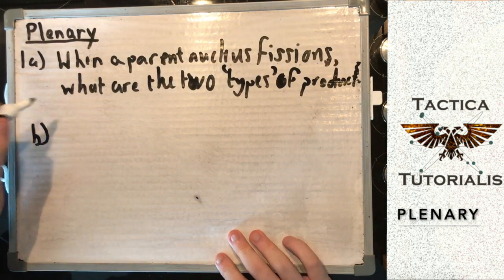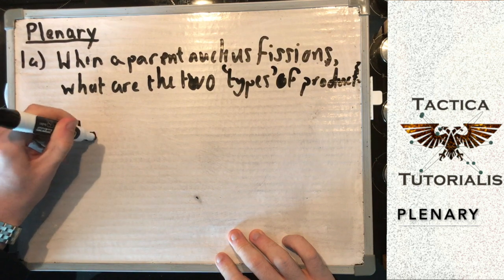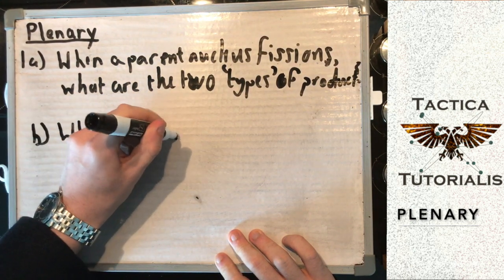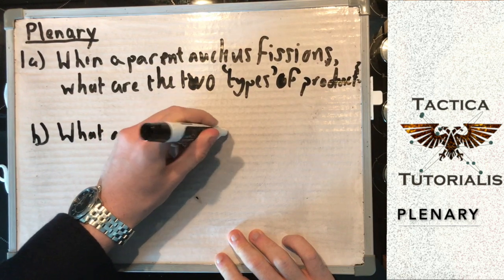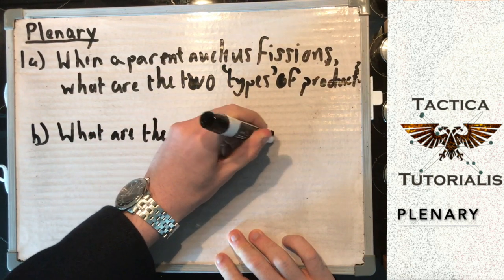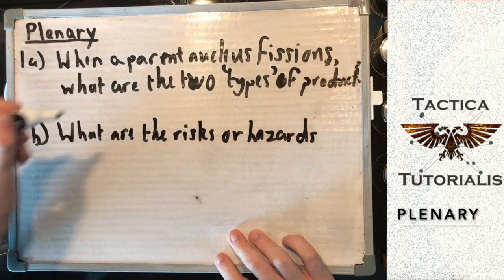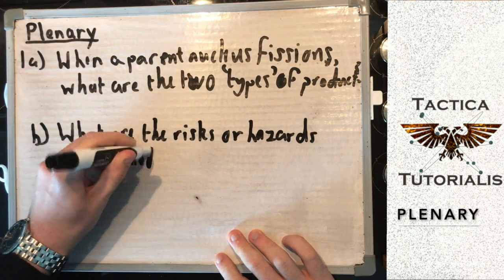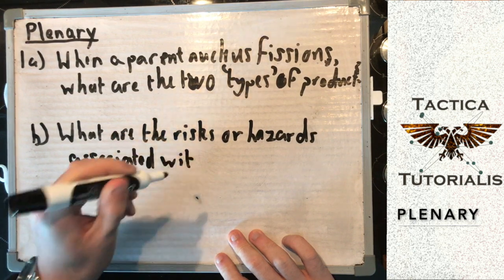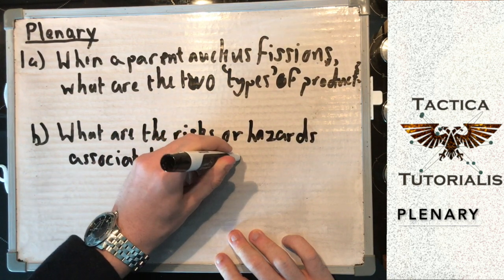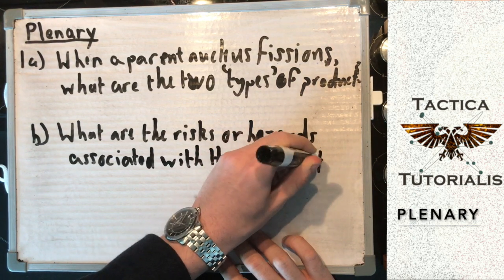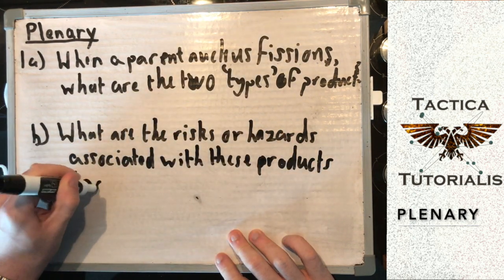And part B, what are the risks or hazards associated with them, with these products, when it comes to a nuclear reactor? Now, one risk I think you'll get very quickly because we've talked about it today.